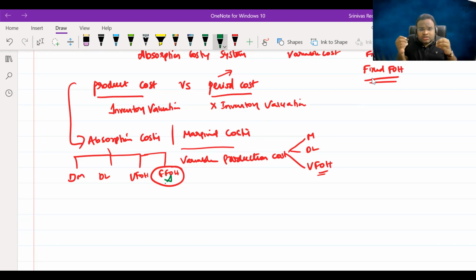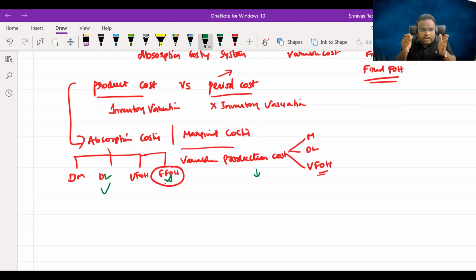So obviously, if a particular cost is not considered, the inventory valuation will go down. That means in absorption costing my inventory valuation is higher, and in marginal costing inventory valuation is less. The reason is that I'm not considering one cost as a part of my inventory valuation.